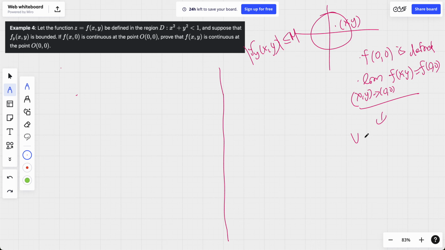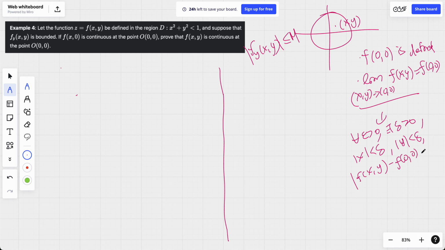So for every epsilon greater than 0, there exists a delta greater than 0, where, for a two variable function, when the absolute value of x is smaller than that delta and the absolute value of y is smaller than that delta, then the distance between the value of the function and that limit, or in this case we want it to approach this point, right?